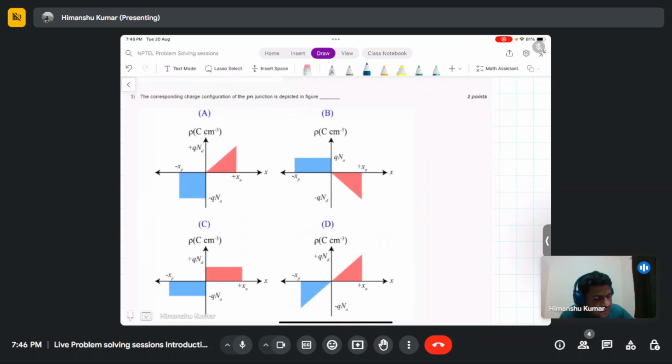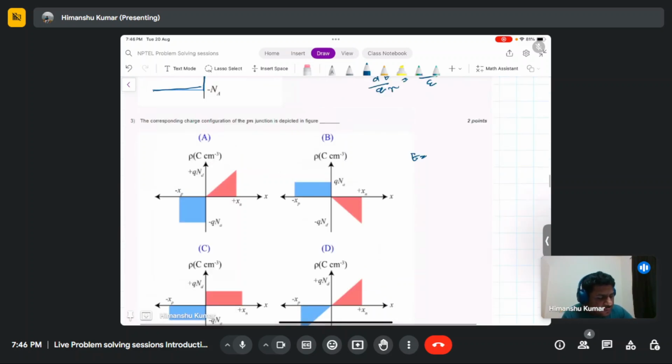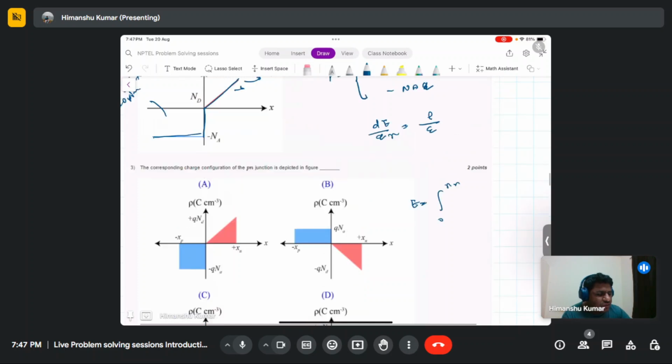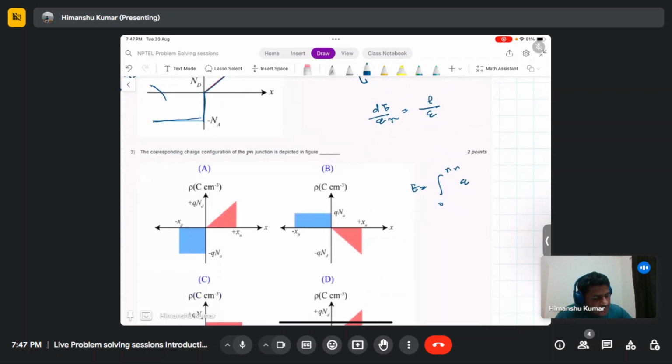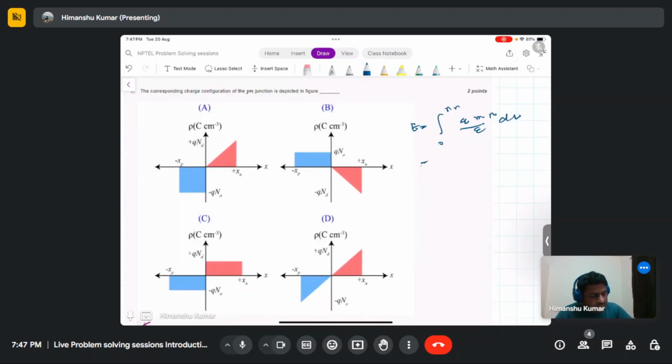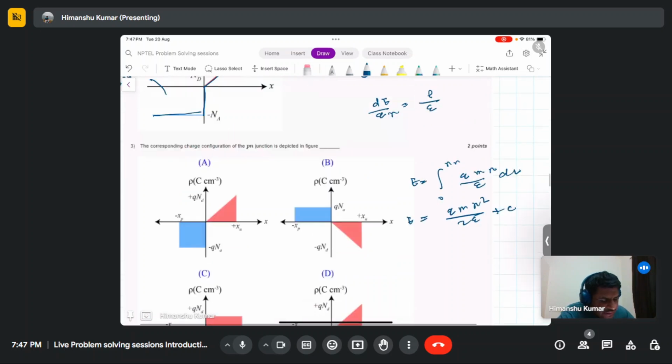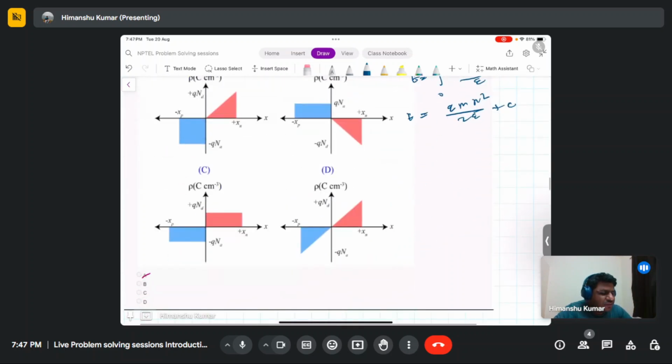So for E, from x equals 0 to x equals x_n, the integrand is q times m times x divided by epsilon dx, and this will become q times m times x squared by 2 epsilon plus C. Now at the edge of the depletion region E is 0, so at x equals x_n, E is 0.